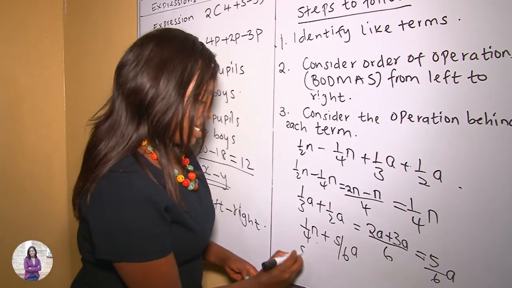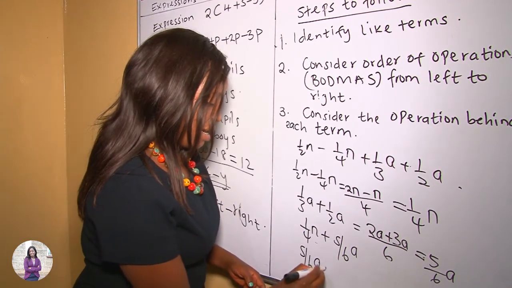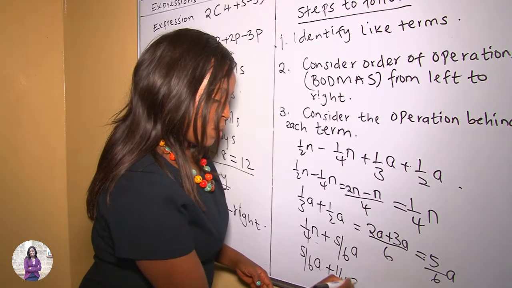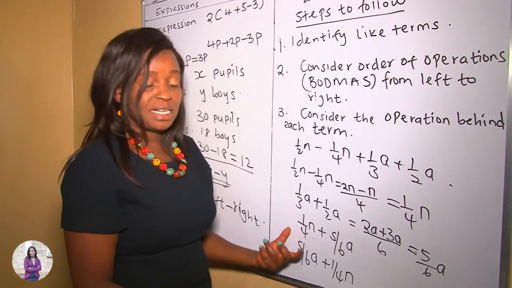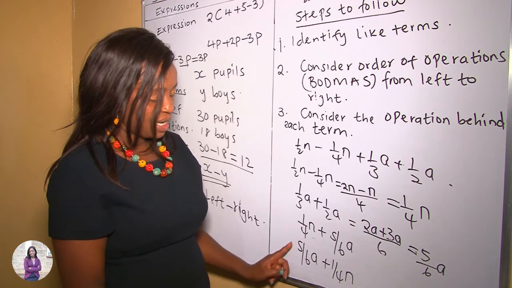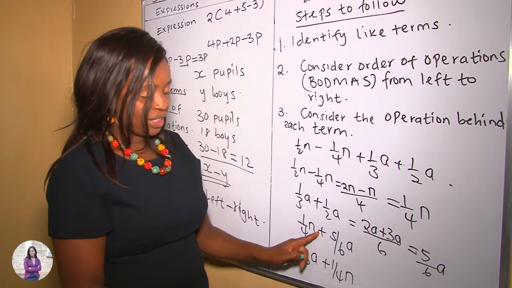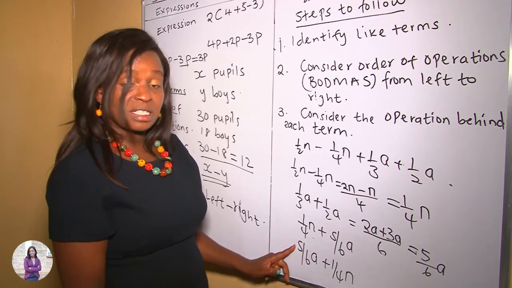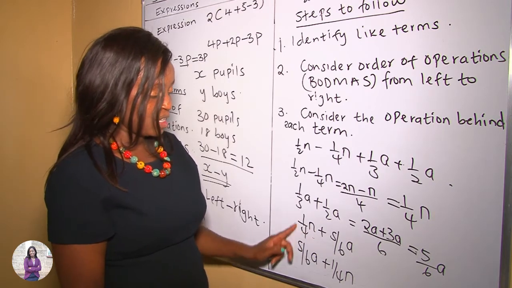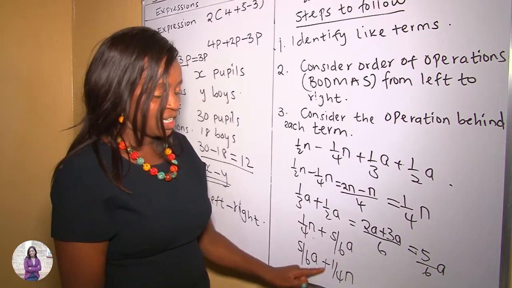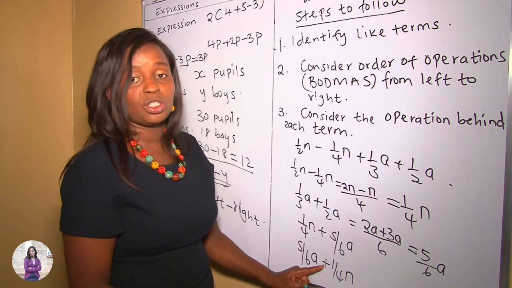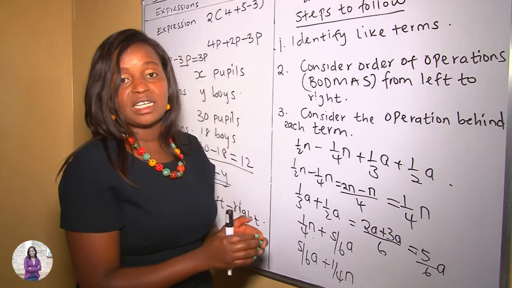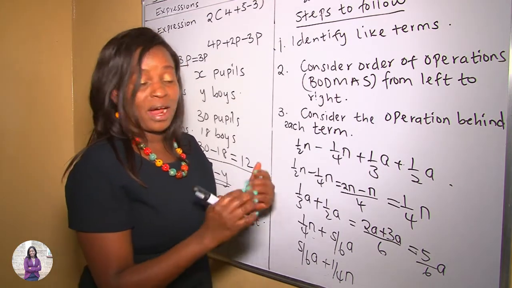You can also write the answer as 5/6 r plus a quarter n. The sign behind this was addition, and even now it's still addition. Therefore, you have not changed the sign behind each term, and so you are allowed.